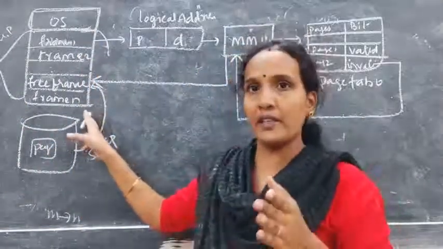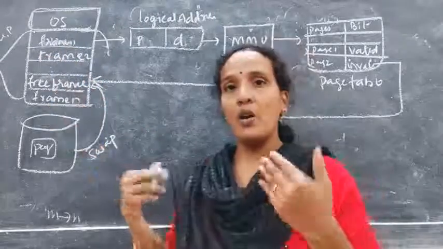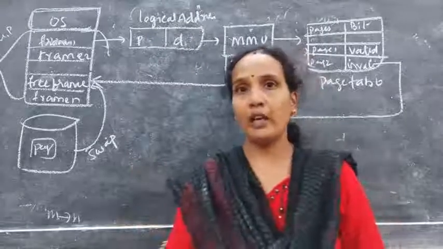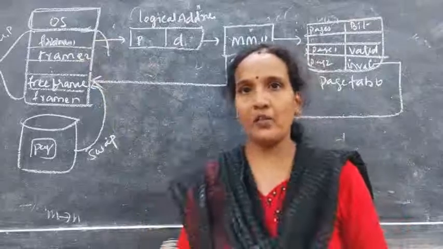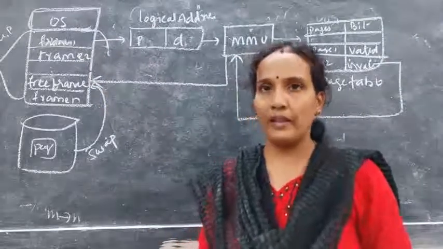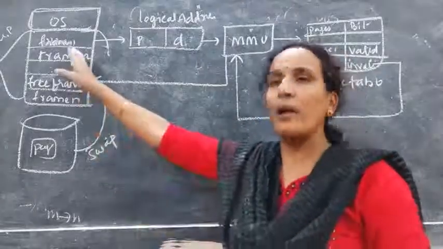In order to execute the user program, the complete user space is divided into frames: frame 1, frame 2, frame 3, frame 4, frame 5. Already I have explained the size of the frame and the size of the page should be equal, and the pages are loaded into the frames. If the size of the page is 2 bytes, then the frame size should also be 2 bytes, because the pages are loaded into the main memory.